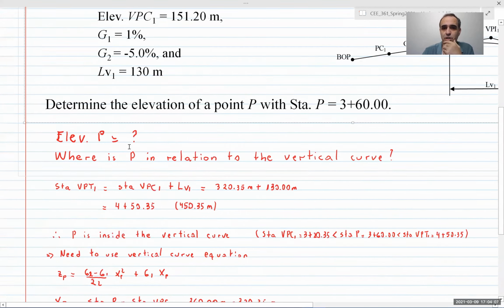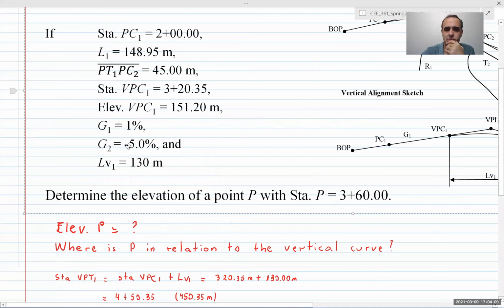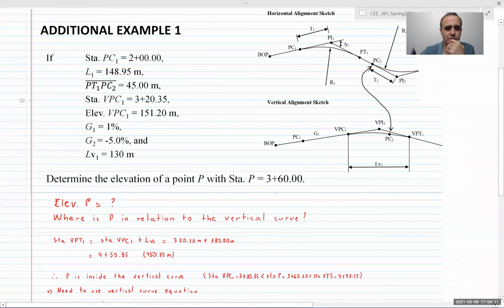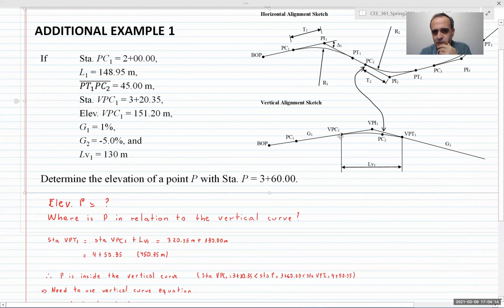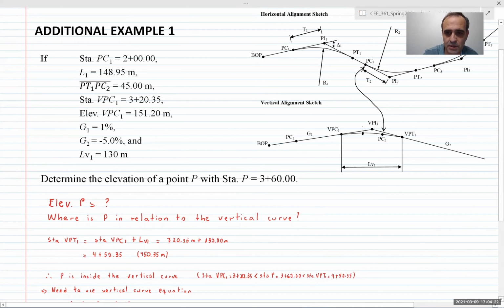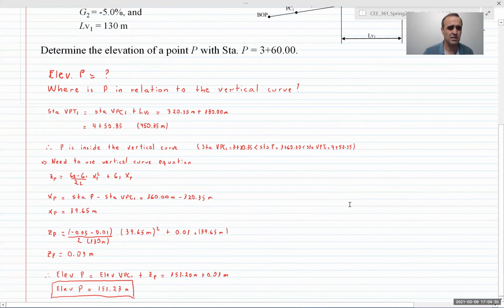And therefore, in order to compute its elevation, sorry, I'm moving things so much, but in OneNote I don't have the, so in order to compute the elevation, let's say P falls somewhere over here. Let's say this is P. I don't know where that point is, but let me call this P. In order to compute the elevation of that point, I'm going to need to use the vertical curve equation. And let me make a graph.